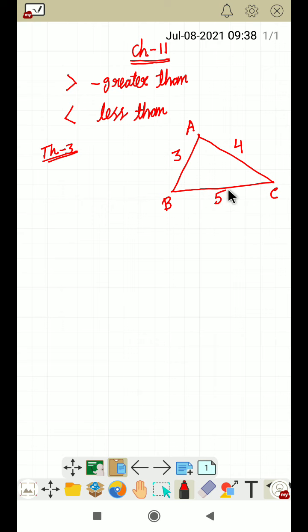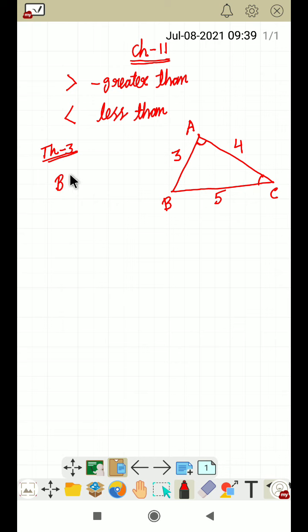The opposite angle of this BC is this angle, this A, and the opposite angle of this side is this C. So the greater side's opposite angle, that means angle A, is greater than the smallest side's opposite angle, that means C.